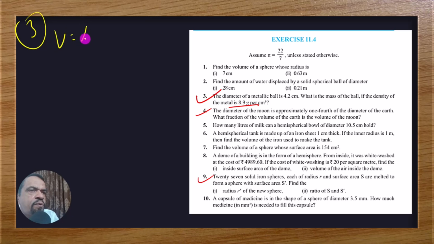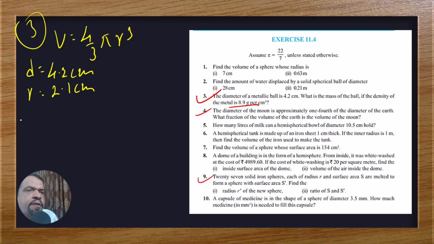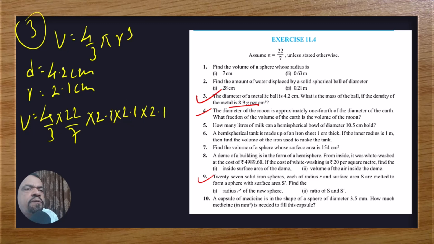volume is equal to 4 upon 3 pi r cube of the metallic ball. Diameter is given as 4.2 centimeter, so radius will be 2.1 centimeter. So the volume will be 4 upon 3, pi means 22 by 7, r cube. We can write 2.1 into 2.1 into 2.1. Now see the calculation, removing 3 decimals, 3 zeros will come here, 1000.